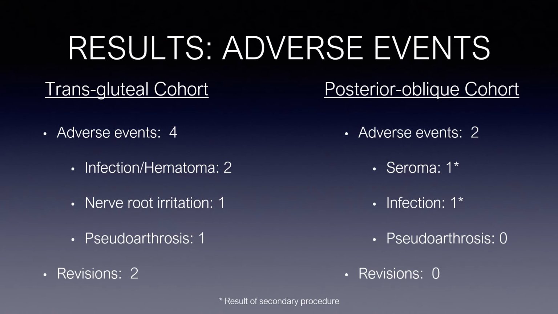In the posterior oblique cohort group, our adverse events were 2. We had 1 seroma, and this was a case that previously had a pelvic trauma and had a screw, and at the time of sacroiliac joint fusion through a longer approach, we took the previous screws out, and the patient ended up with a seroma.